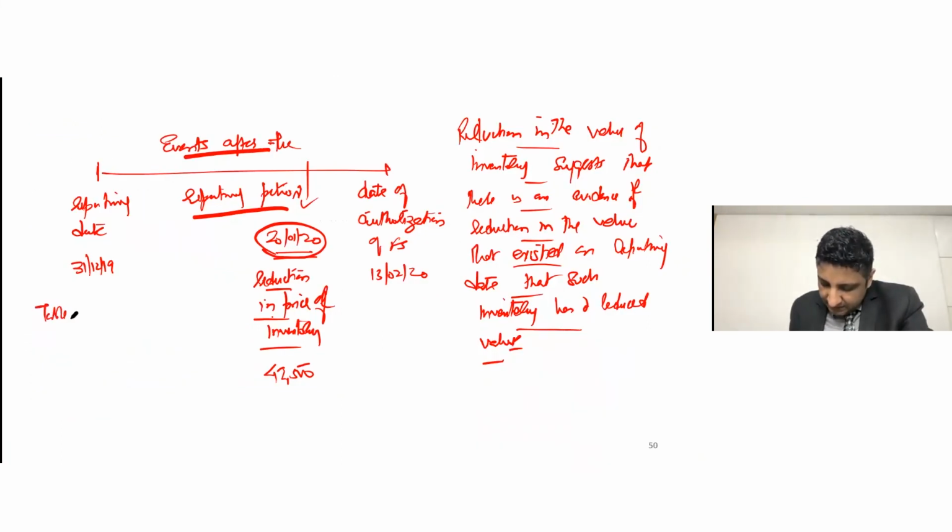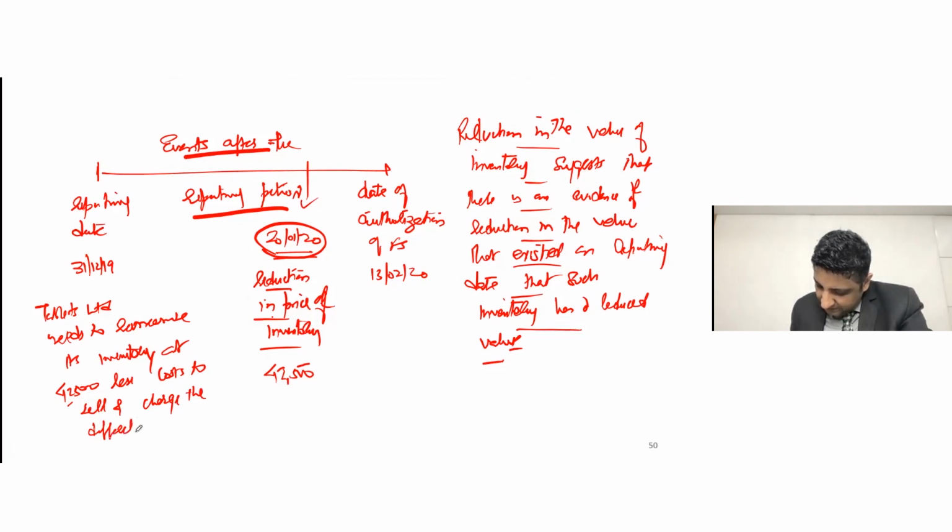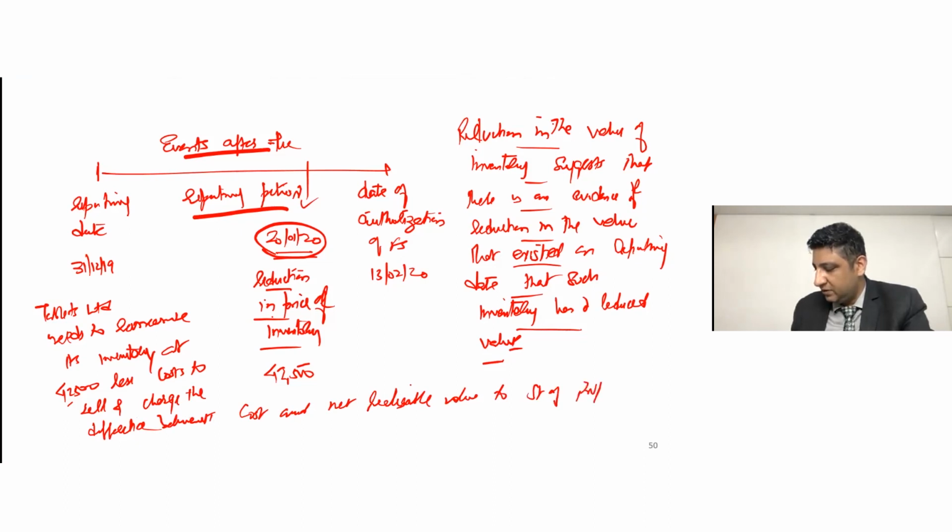Tablets Limited, needs to remeasure its inventory at 42,500 less cost to sell and charge the difference between cost and net realizable value to the statement of profit or loss.